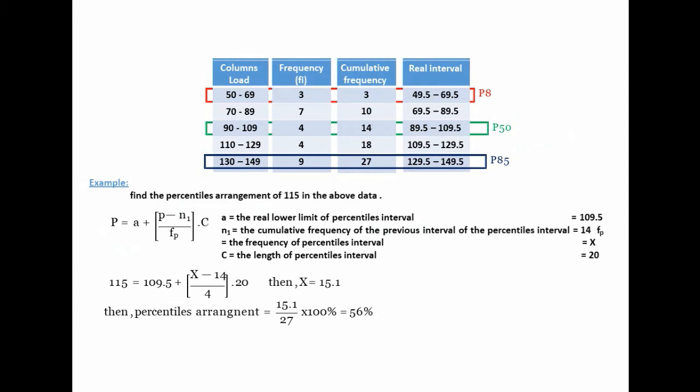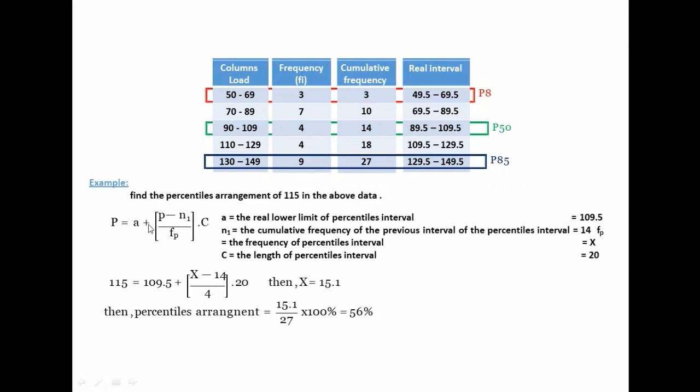Now to find the percentile arrangement of 115 in the above data, the percentile formula is P = A + (p - n1) / (f) × C. In this example, the percentile value is 115, and this is equal to 109.5 plus x.